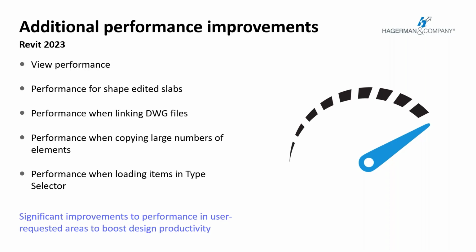We've got one that had delays when linking large DWG files. That's been improved as well. In one case, I think they had one that took normally 2 hours to load. They got it down to like 10 seconds. Copying large numbers of elements would be painfully slow, but that's been improved by at least 6-fold.